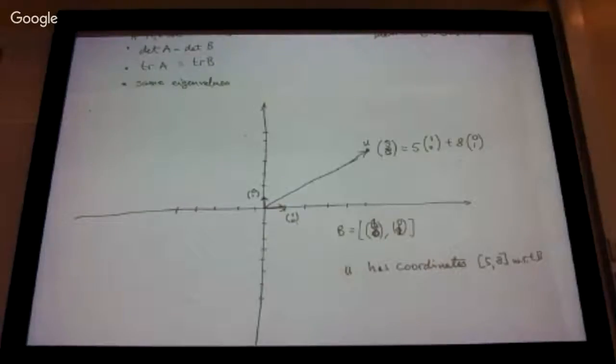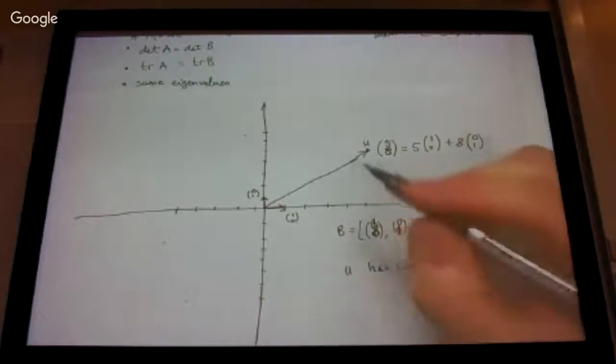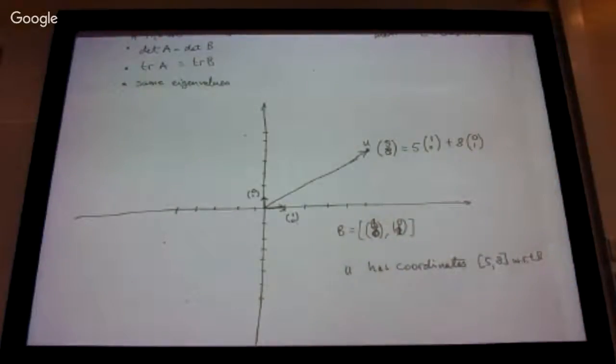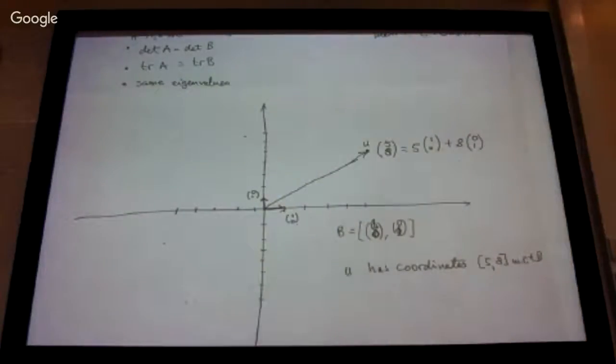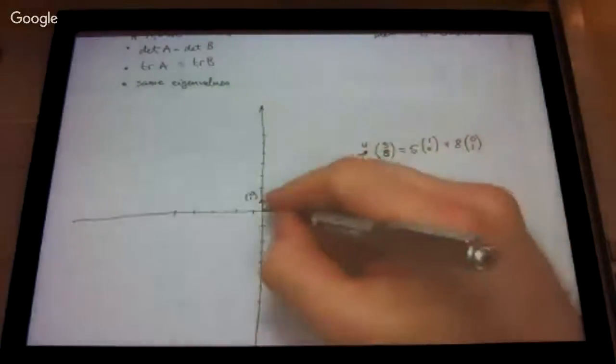Is it still making sense? Okay. But you can have a different basis. So how about if you had a basis which has, like, 1, 1.